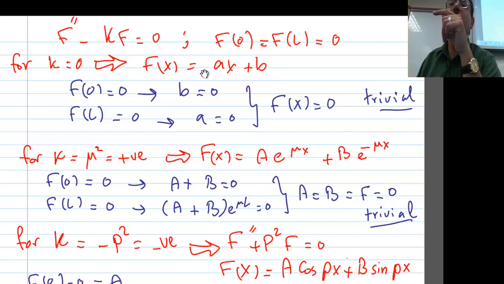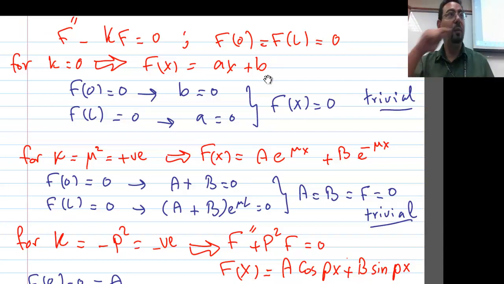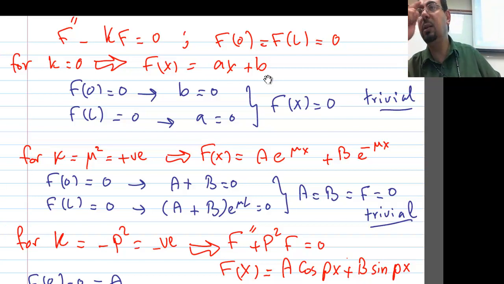First f prime is equal to a constant a, and then you integrate one more time and f equals ax plus b. That's how you integrate f double prime equals 0. If you don't remember this, go back and remember your calculus. So f prime is a, and then f is ax plus b.